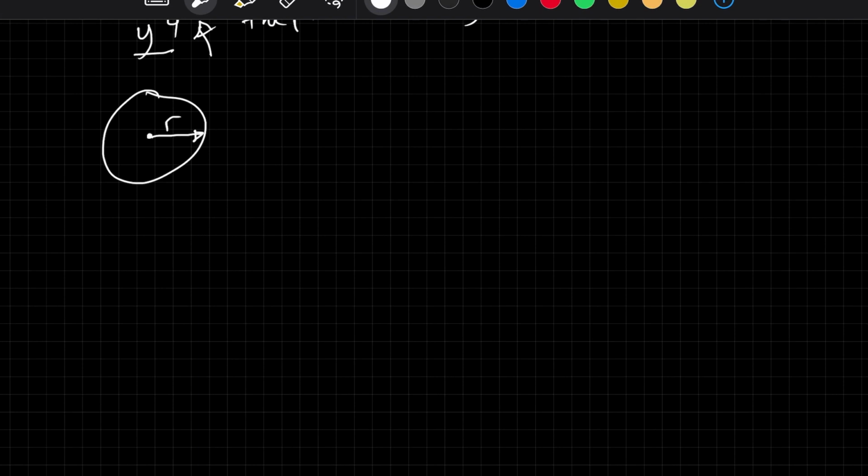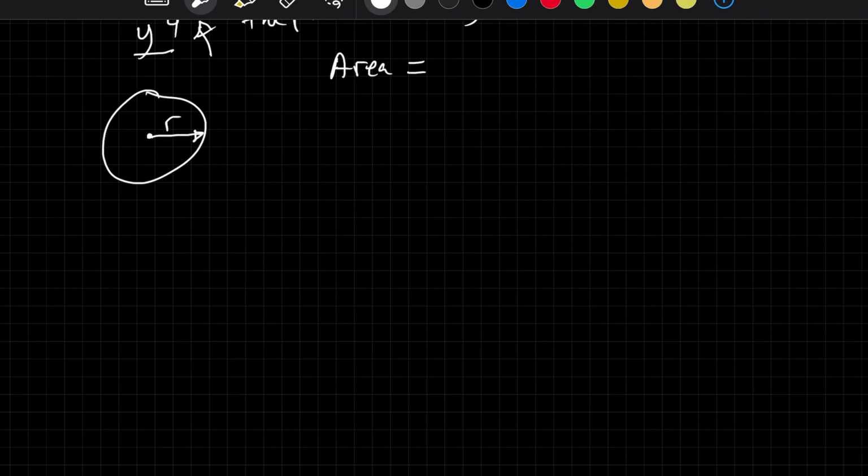The reason we're saying that's r is that it's the radius of the circle. Okay, so we want to look for the area of the circle.